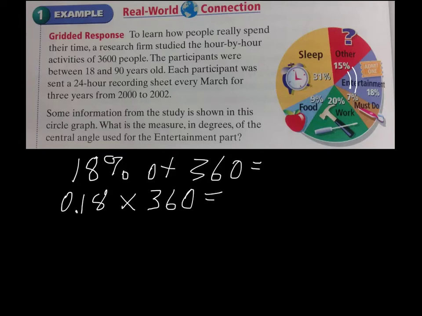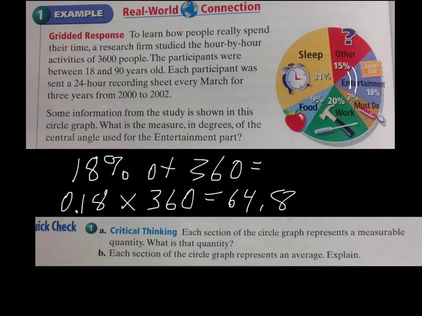So you're going to get approximately a central angle of 64.8 degrees. So about 65 degrees is the central angle, the one with 2 arcs on it.